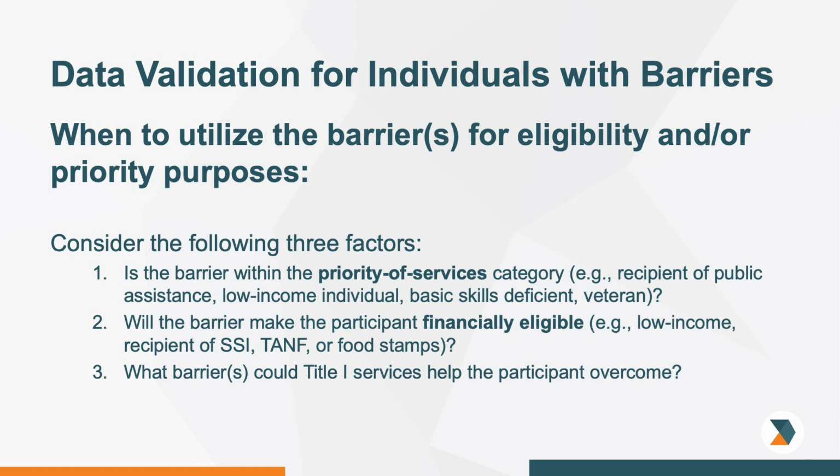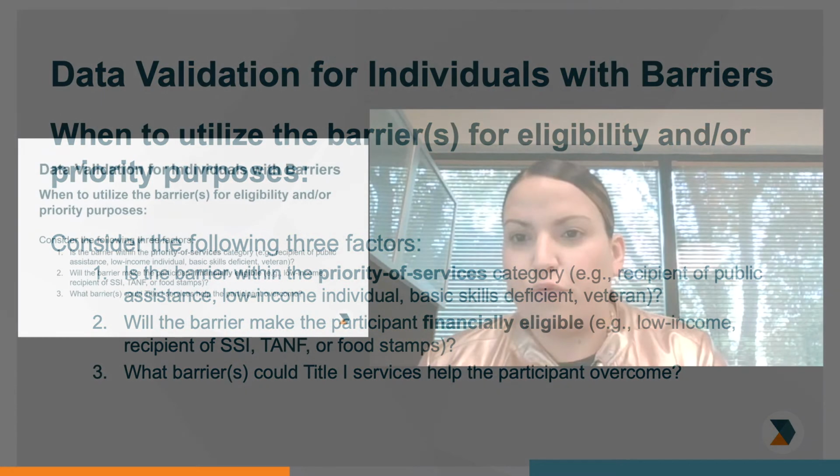And the third question that I'm going to ask myself is, what barriers could Title I services help the individual overcome? What is it that the individual is asking? What services is the individual asking for? Do I really have to worry about eligibility determination when the individual is asking for services that don't need financial eligibility, for example?